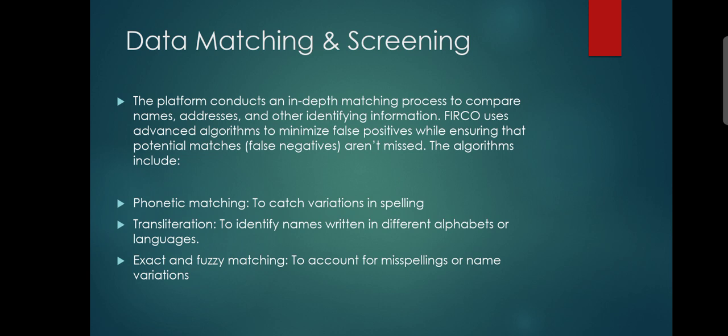It provides a process to compare the names, addresses, and when I say addresses, it includes all the different parameters of the postal address, which includes street name, street number, postal box, country subdivision, district, etc. It uses advanced algorithms, as I mentioned, to minimize the false positives while ensuring that the potential matches aren't missed.